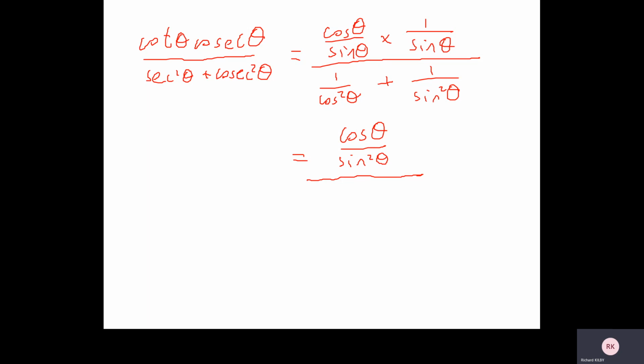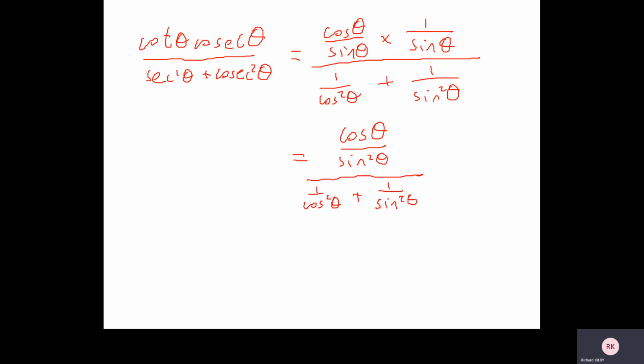On the bottom, I've got 2 options. I could combine this into a single fraction, or I could think about getting rid of those fractions. I'm just going to leave it as it is for now, and do what we did before on the whiteboards.